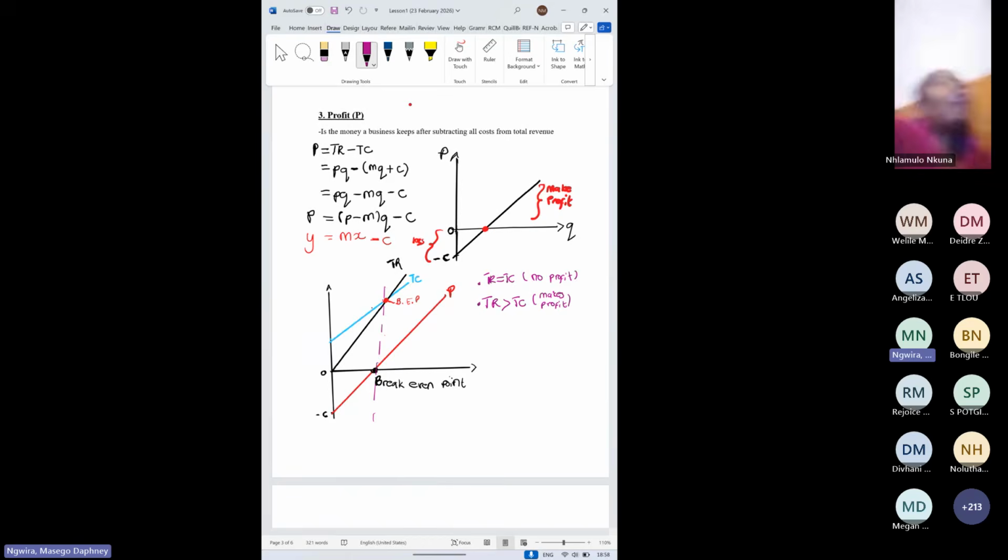A loss is when my TR is less than TC. So here it's a loss. When this graph is under TC, that's when there's a loss. So it means it's before the break-even point. All right, now we can go to examples. Here I was just trying to explain the functions on a graph. Now I'm going to do it with the calculations. I hope that will make sense.